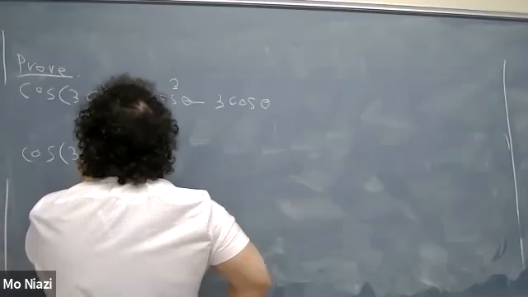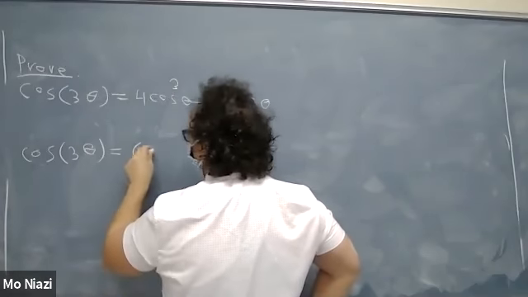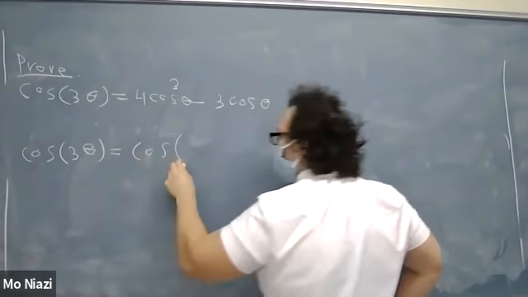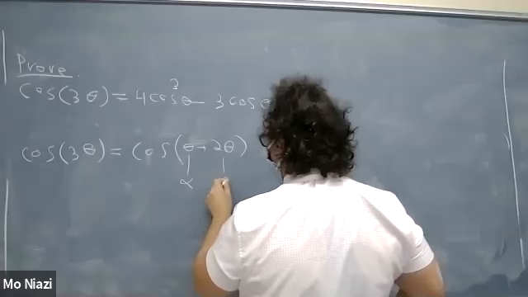But actually today, this gives us more to work with, because a 3 theta is the same thing as theta plus 2 theta. Is it not? And we can call this an alpha, call this a beta.